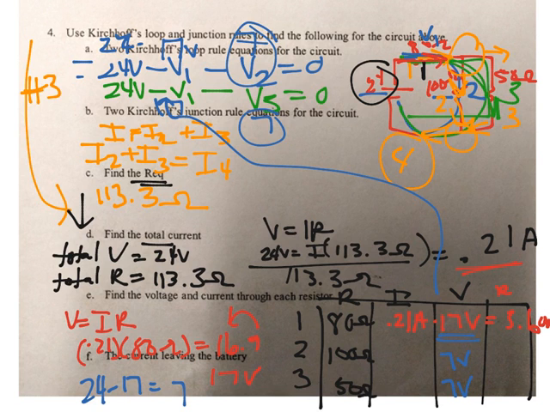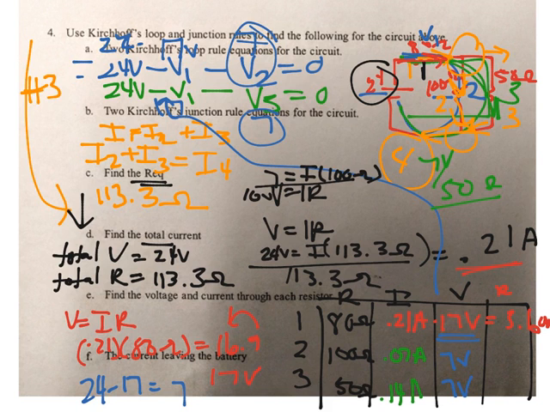So you know our voltage, so V equals IR again, so we have 7 equals our current times our resistance, which is 100, so we'll divide by 100 both sides. You'll get 0.07 amps. Do the same thing, 7 volts divided by our resistance of 50 will give you 0.14 amps.